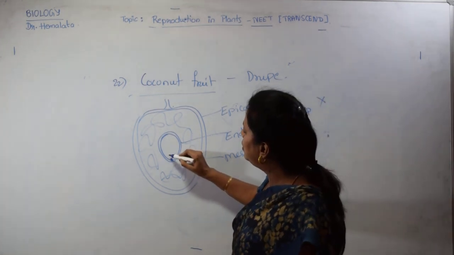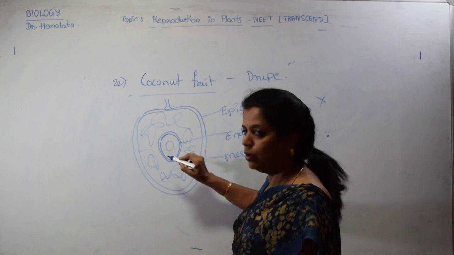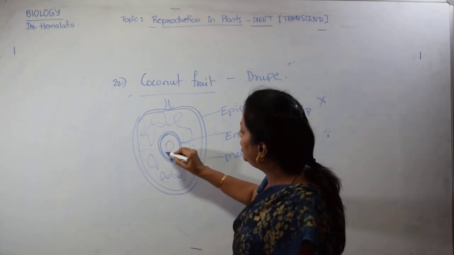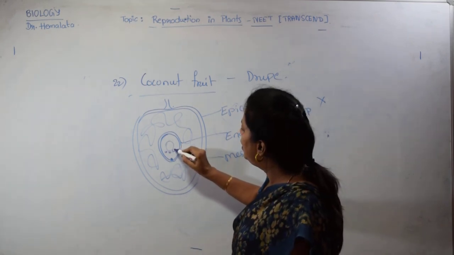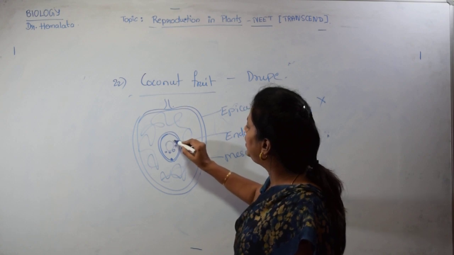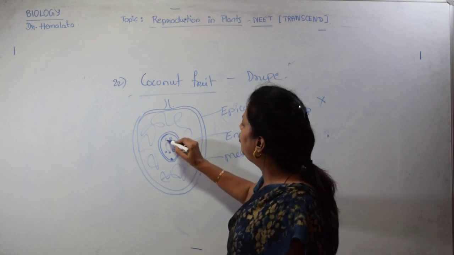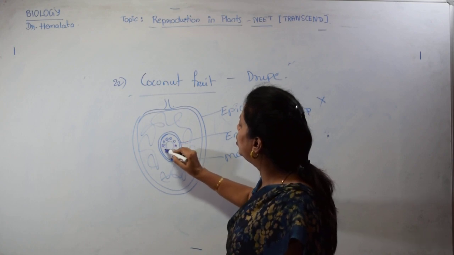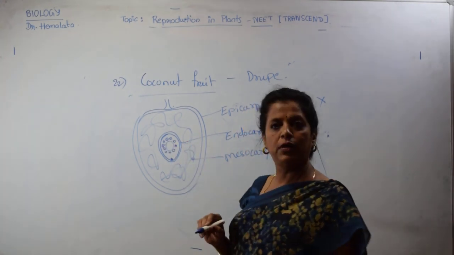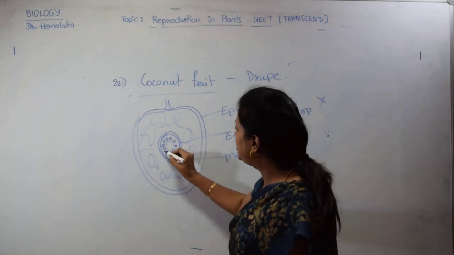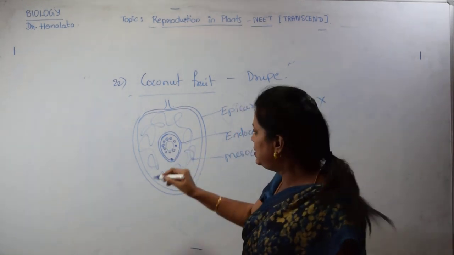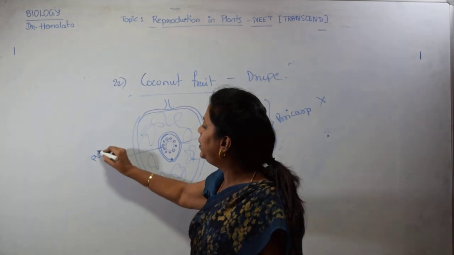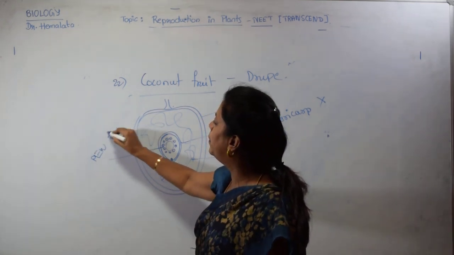It has a central big vacuole and a triploid endosperm nucleus, the PEN. This is what forms the tender coconut water, or coconut milk, as we call it. This is triploid in nature. PEN is 3N in number.